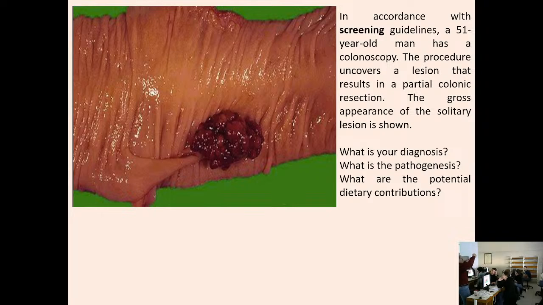What breaks the basement membrane and enters the lamina propria is an intramucosal carcinoma. In the bowel, there is not high possibility that it has given nodal metastasis. So you treat it conservatively. You just resect the lesion, not the whole colon, the part of the colon with the lesion.